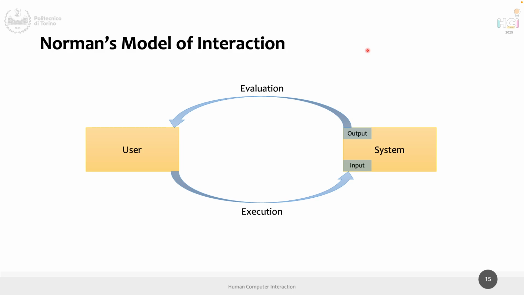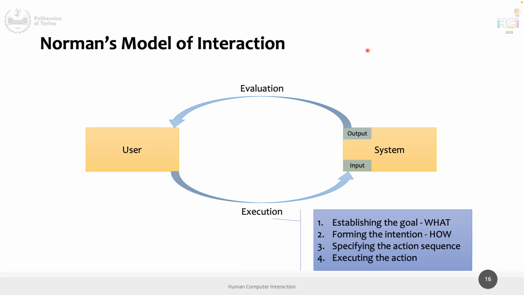This model says that we have the user and the system, and the user executes something on the system, and the system gives back an output to the user to be evaluated. And the execution is made of 4 steps. One is establishing the goal, what you want to do. The second is forming the intention, how I can reach the goal. Then specify the action sequence, and 4, do these actions.